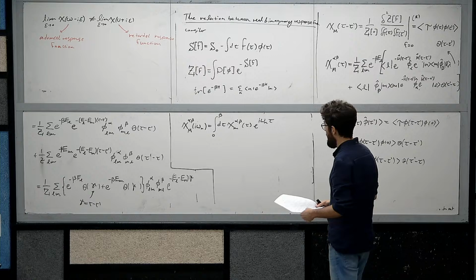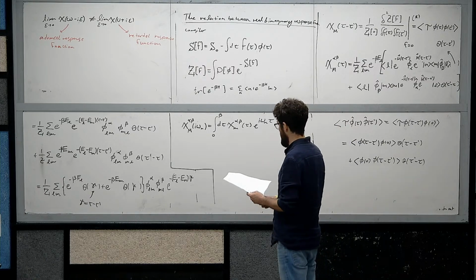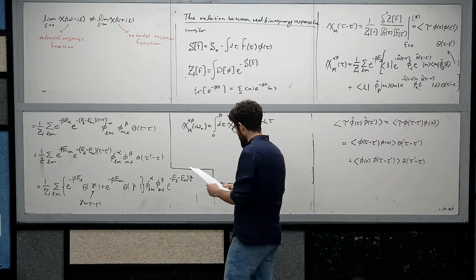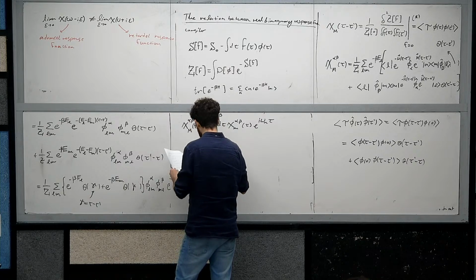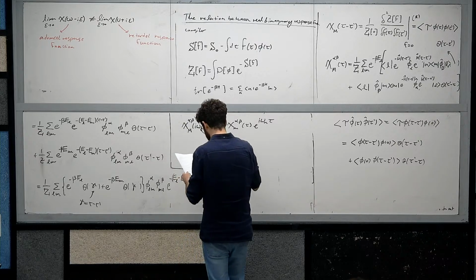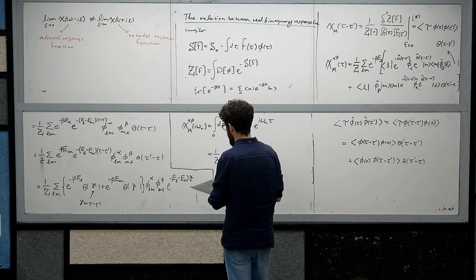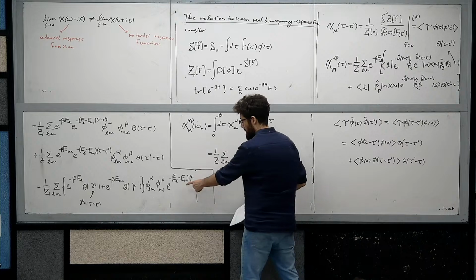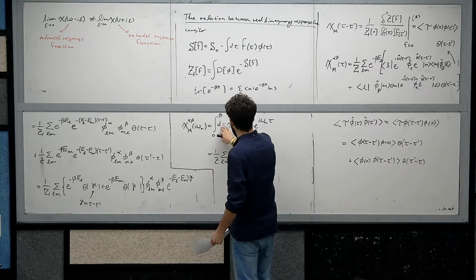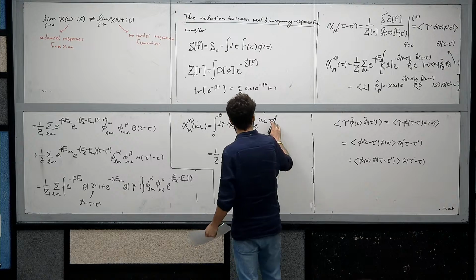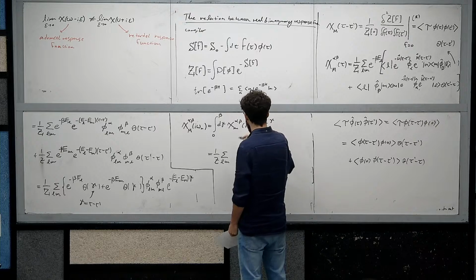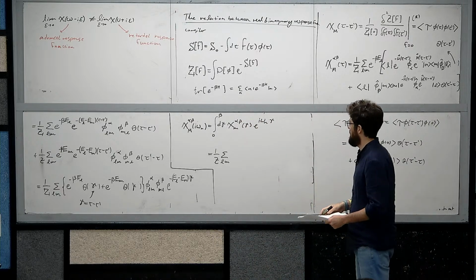So now we can explicitly calculate this thing. And what I claim is that we get 1 over Z, sum over l, m. Yes. So we can compute this integral exactly, right? Because we have that gamma over there.